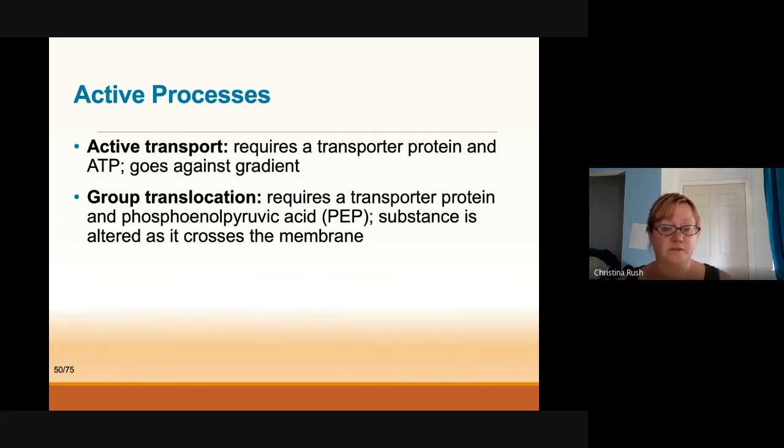Active processes also include group translocation, which requires a transporter protein and phosphoenolpyruvic acid, or PEP. And the substance is altered as it crosses the membrane. So if you need to grab something really big and move it from one side to the other, and you're going to change its shape, that's also going to require energy.